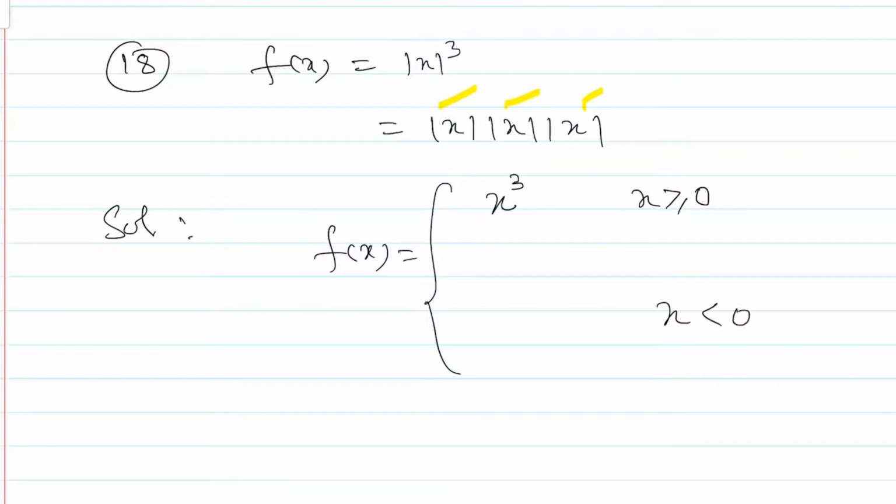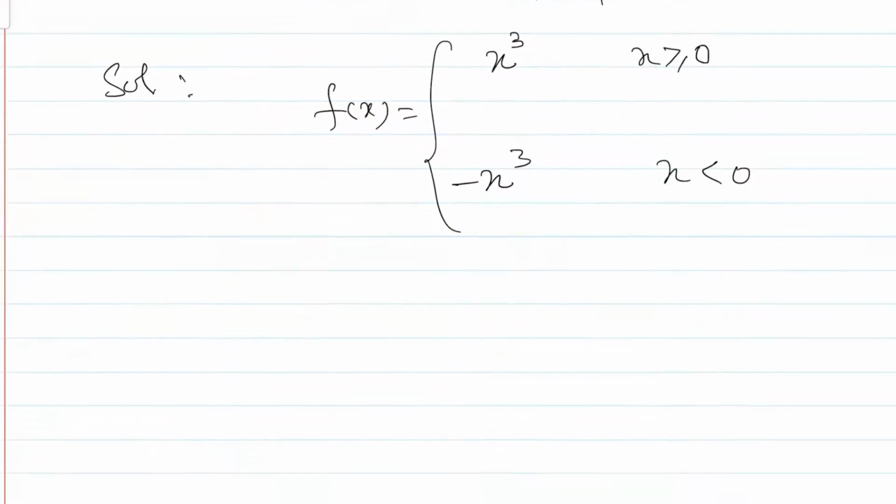When x is less than 0, in that case this will be −x, this will be −x, and this will again be −x. The product of −x into −x into −x will be −x³. So our function will be −x³ when x is less than 0.